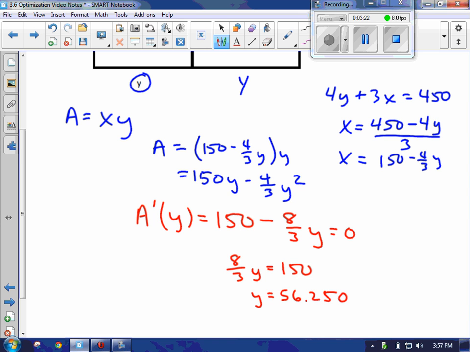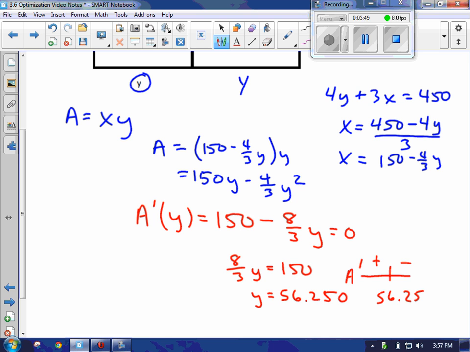Okay, so the question actually asks what is the maximum area of each section. I forgot to check to make sure that this was in fact the maximum. So again, if you check using your calculator if you need to, you will get a positive at 56 and a negative at 57, so this is maximizing area. So the maximum area would be x times y. So we have our y, but we also need to find our x.